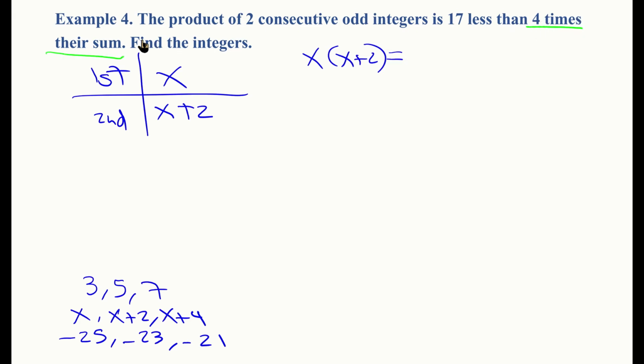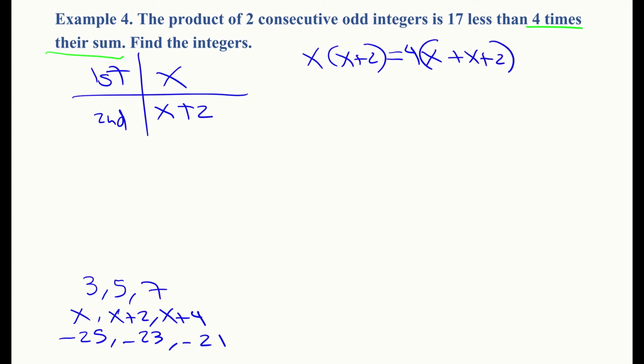So you start with that, then you put minus 17. So 4 times, what's their sum? Just add them: x plus x plus 2. Oh, we left an x out, let's fix that.